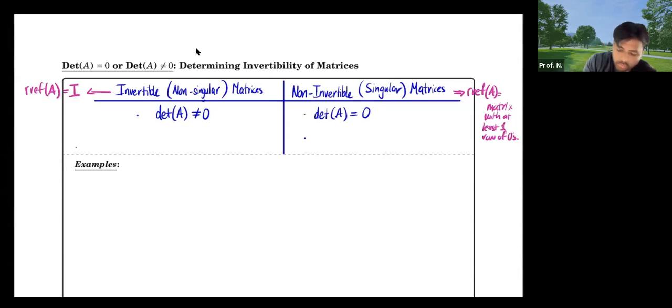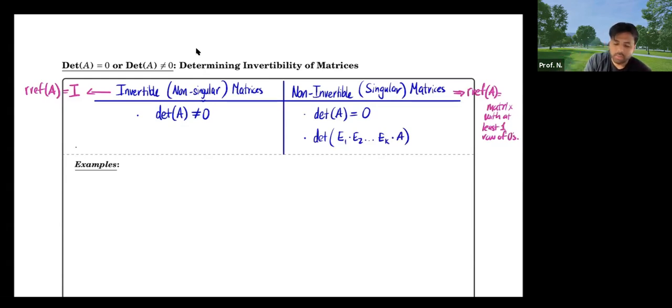Because if I were to write this in a row reduced echelon form, right, if I apply E1, E2, whatever, Ek, if I apply these elementary row operations to A, eventually what happens?